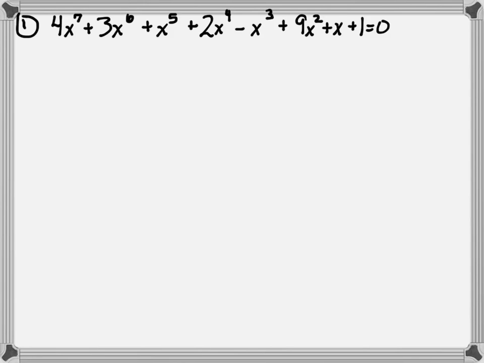When it's in expanded form, you look and you go, okay, what's my largest number? 7. So my degree is 7. So when there are no more parentheses in the problem, how do we find our degree? The highest number. Highest exponent. So this is a 7th degree polynomial.